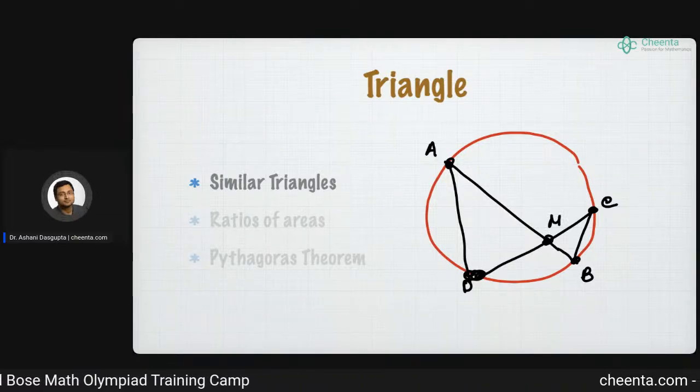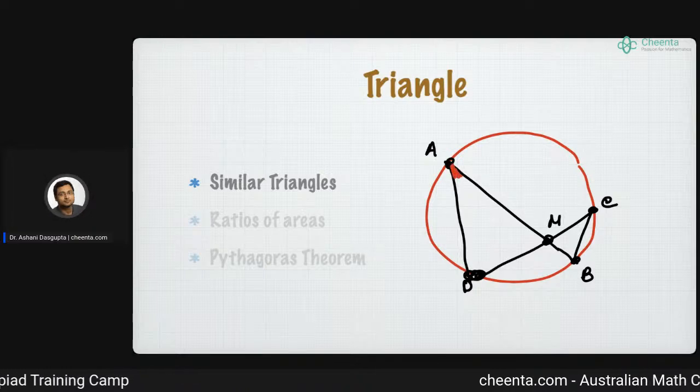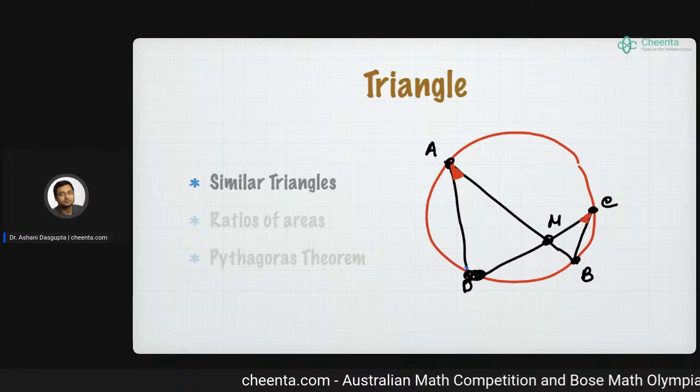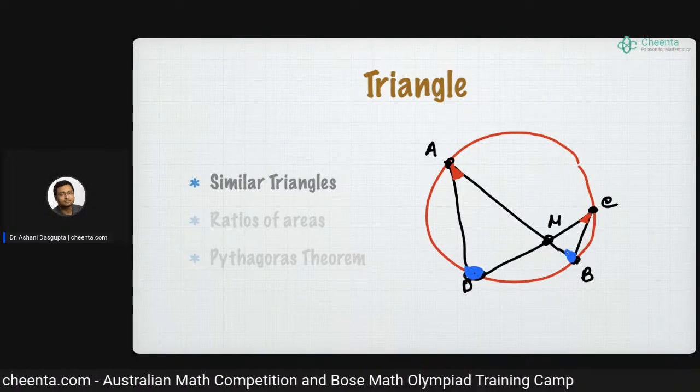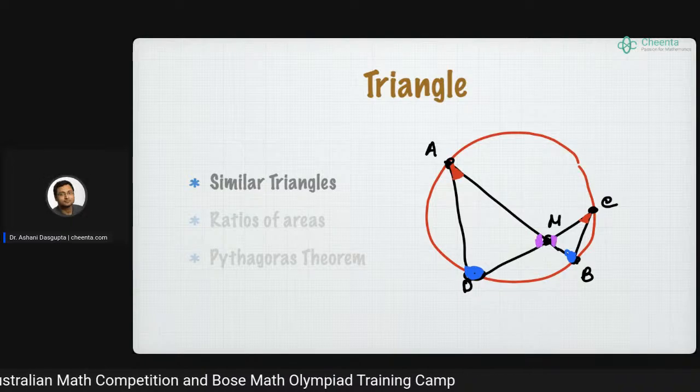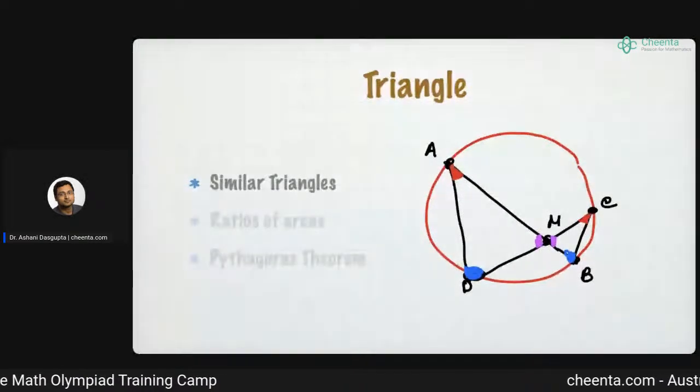See how easily I produced two similar triangles. In fact, if you know a little bit of circle geometry, you will immediately recognize that these angles are equal and these two angles are vertically opposite. The pink angles are vertically opposite, and you immediately have similar triangles.